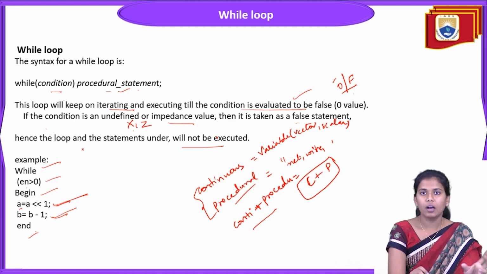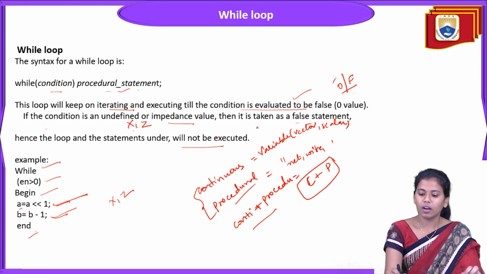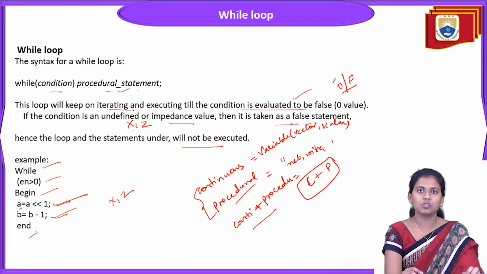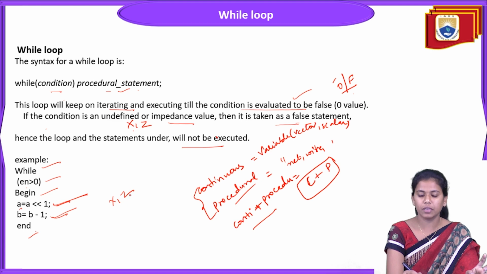Sometimes, if the condition is X, 0, undefined, or high impedance, then it is taken as a false statement. So whenever you come across high impedance values, the condition is to be considered as false.